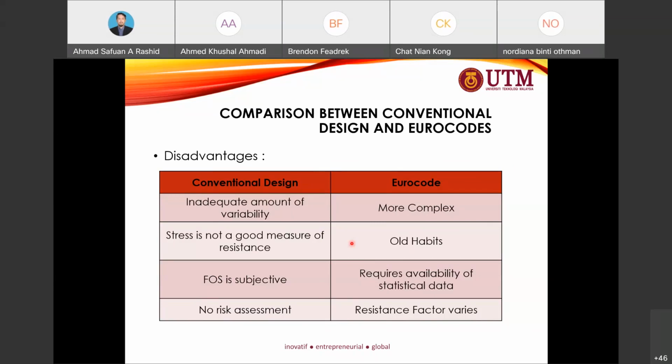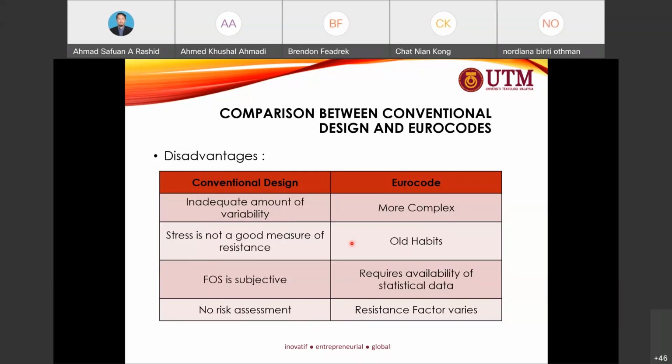However, the Eurocodes are definitely more complex. They require the availability of statistical data, and the resistance factor varies. So for me, it's very complicated to understand how to use the Eurocode, and sometimes it's also time consuming.